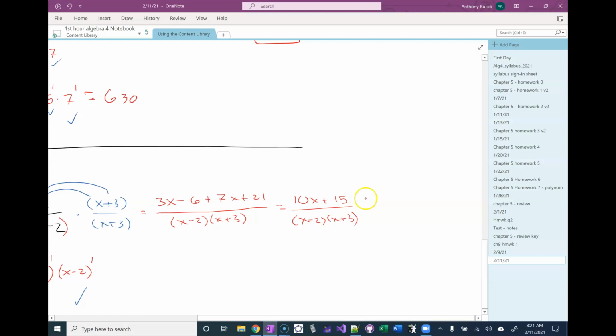So I'll just need to factor the numerator and then check to see if there's anything I can reduce. The numerator, I noticed, has a greatest common factor of 5. But even if I pull that greatest common factor of 5 out, there's nothing in common to do any reducing with. So I would be finished at this step.